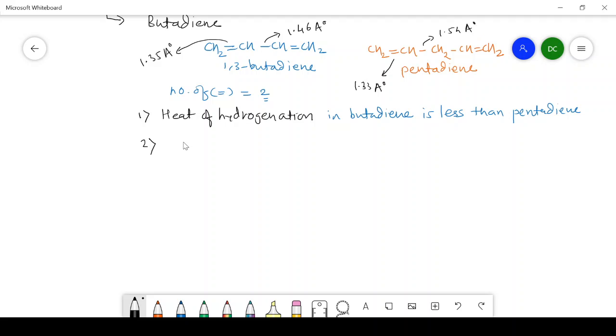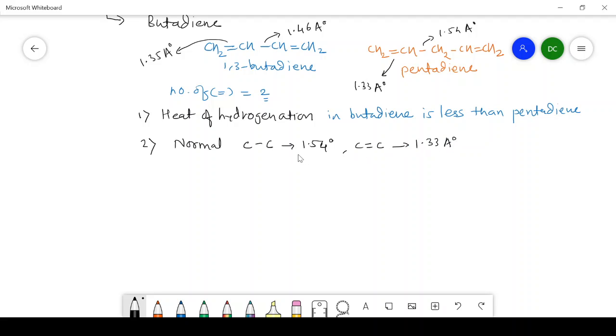So it is clear that the normal values of bond length are: carbon-carbon single bond length is 1.54 angstrom, whereas carbon-carbon double bond length is 1.33 angstrom.